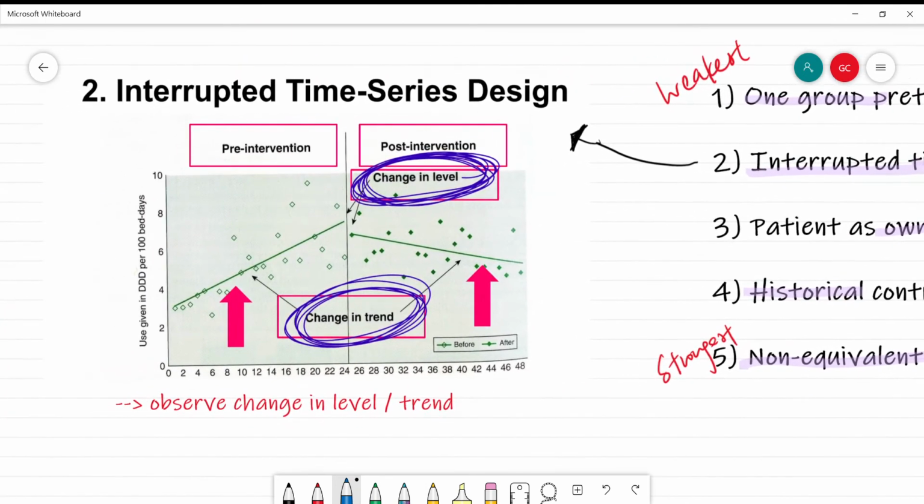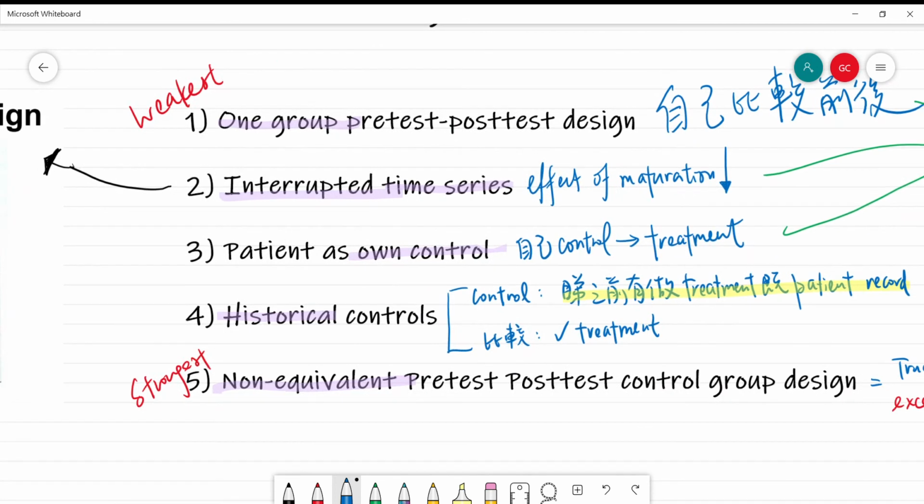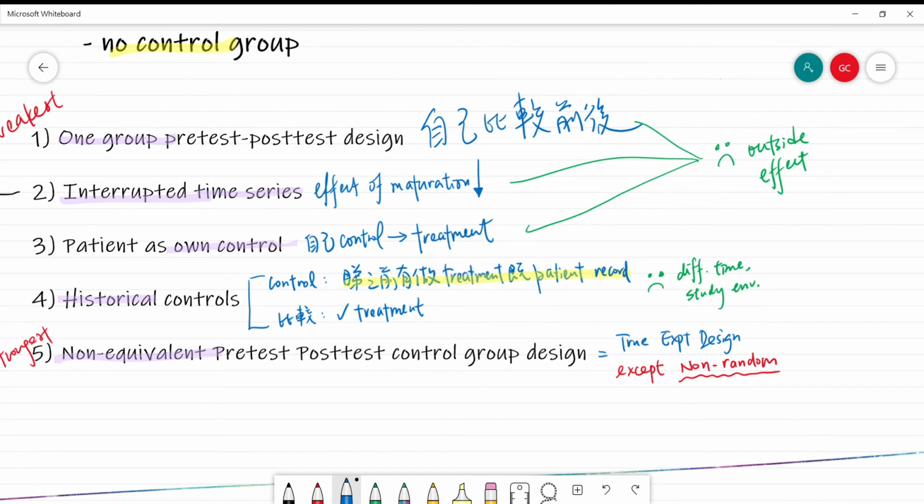One of the benefits of the time series design is that the effect of maturation decreases, so the validity increases. And the third one is the patient as own control. What it means is that there is only one group in total, and the patient group and the control group are actually the same group.